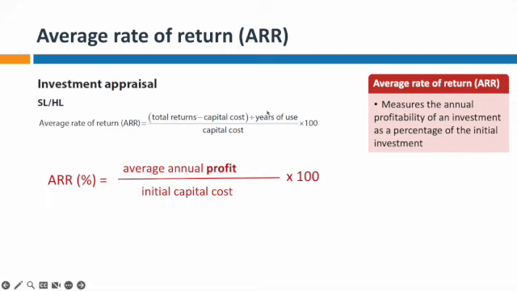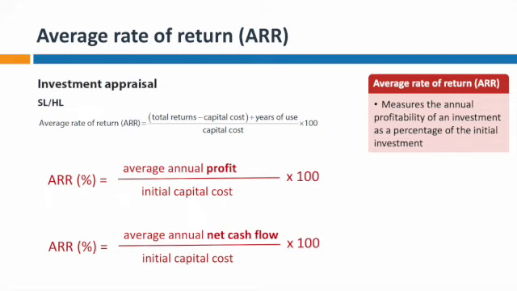We're going to use the formula booklet formula, but in some textbooks you might see this one: the average annual profit divided by initial capital cost times 100, or even average annual net cash flow divided by initial capital cost times 100.